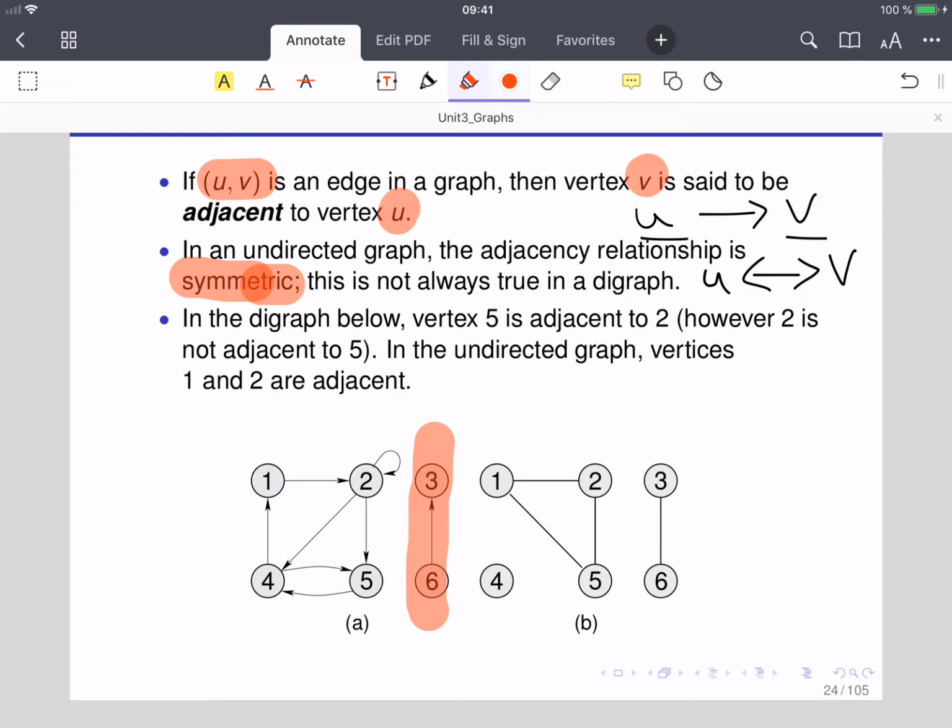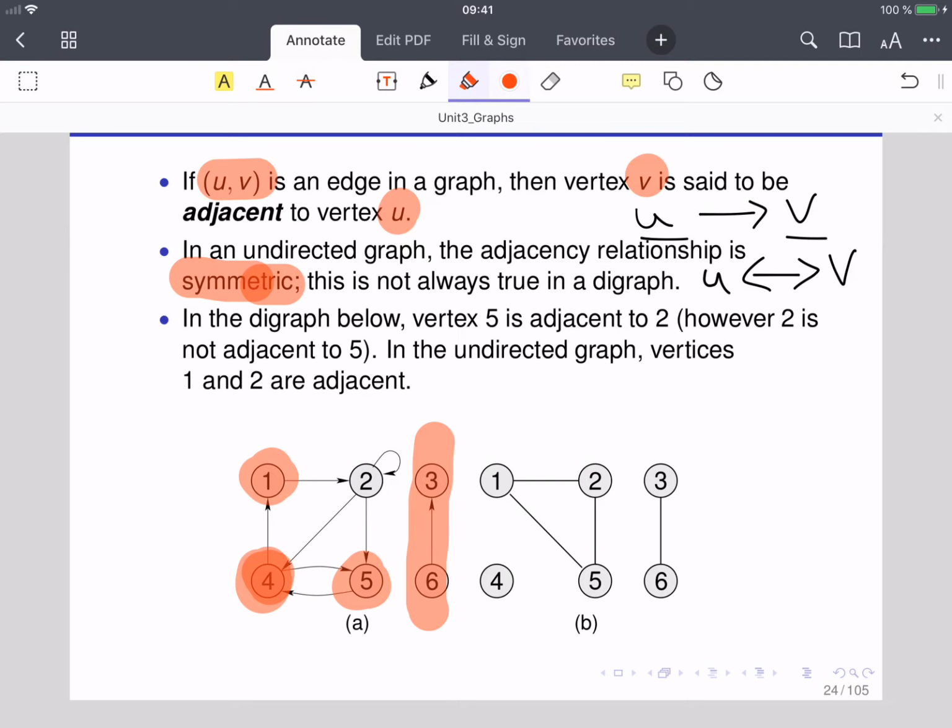Okay, so adjacency is a relationship between vertices, and those vertices that are adjacent to a given one are the vertices that we can reach with an edge. So for instance here, in addition to 3 being adjacent to 6, 1 is adjacent to 4, but 4 is not adjacent to 1, and 5 and 4 are both adjacent to each other.